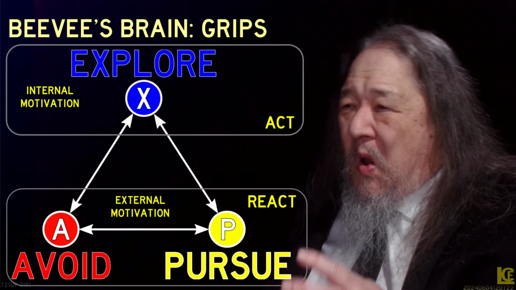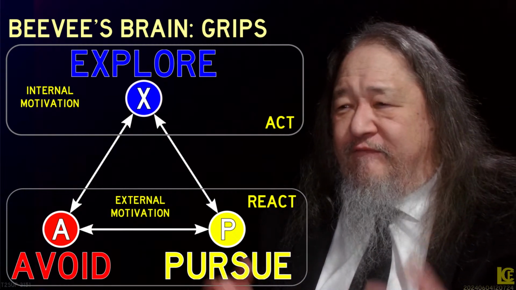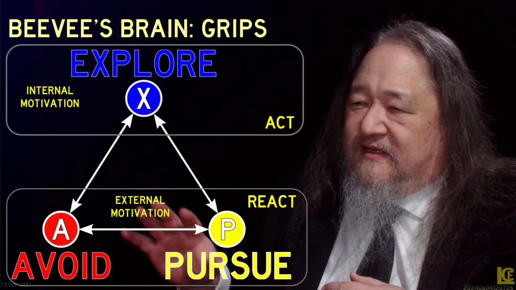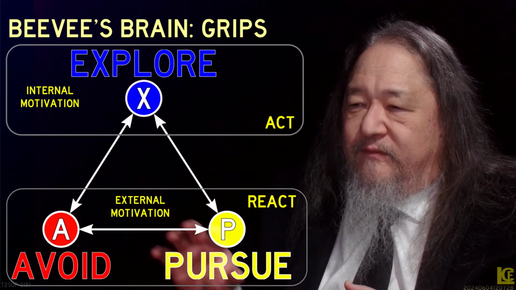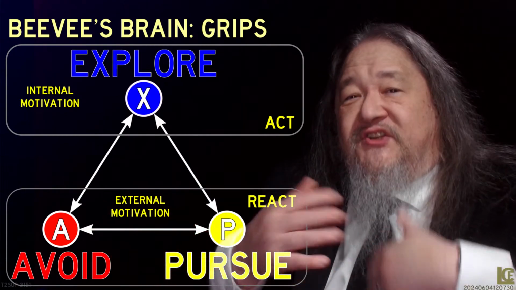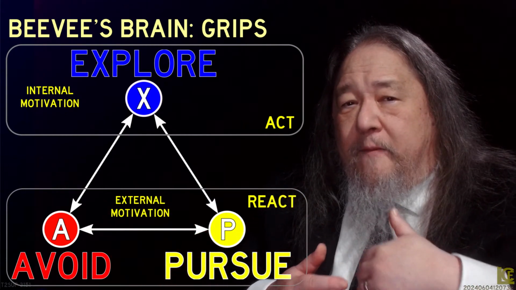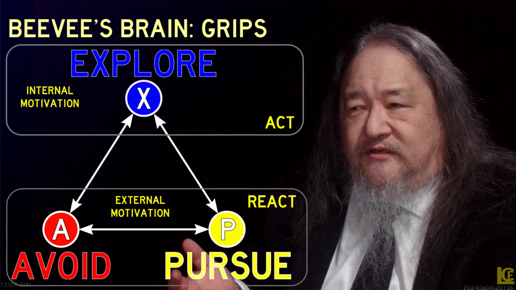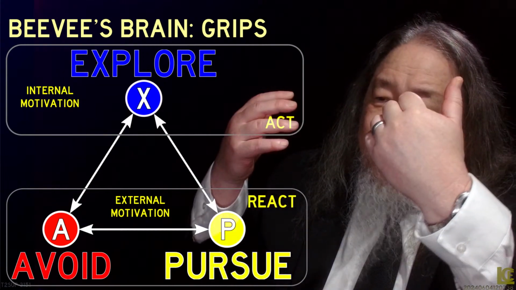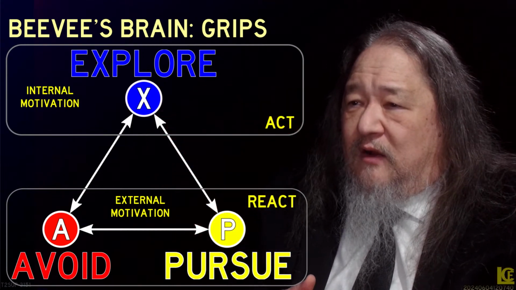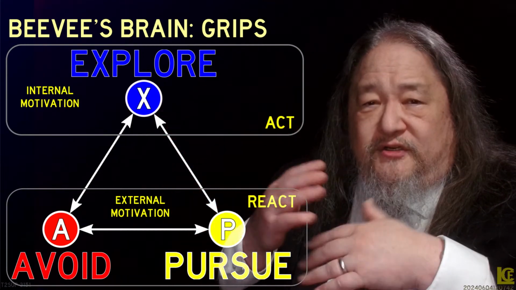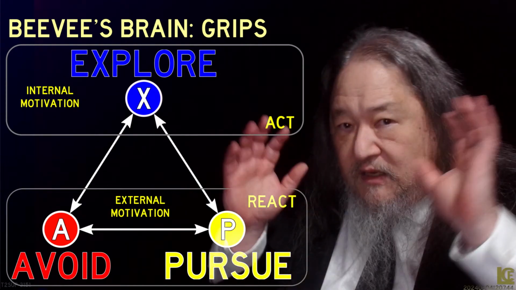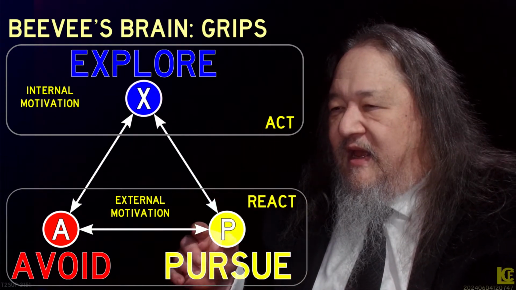But for me, the distinction between avoid and pursue, which are completely stimulus response, based on stuff that's coming in from the outside and then making decisions on the outside on the one hand, versus explore, which is based on internal decisions that are not visible in any obvious way from the outside.